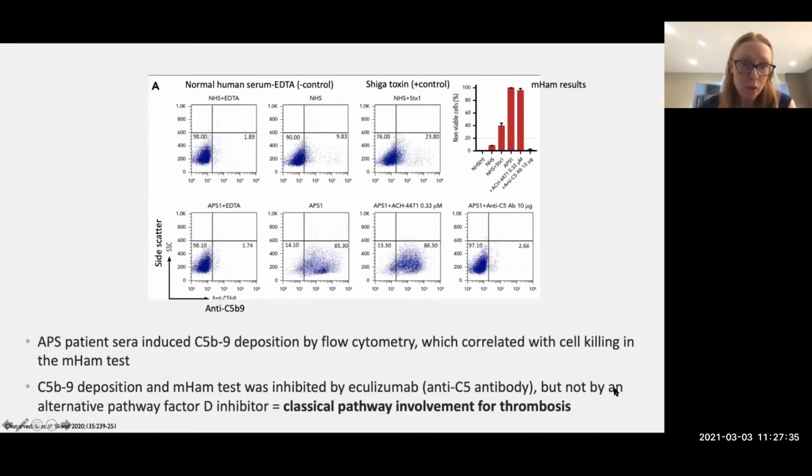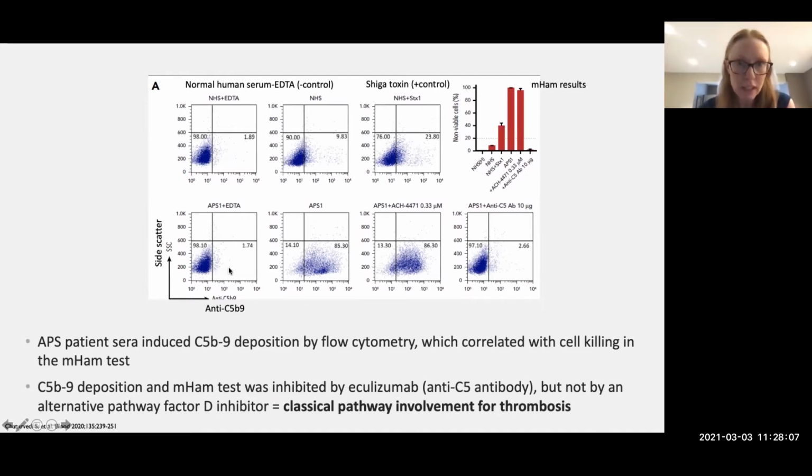And they also found that serum from APS patients induced C5b-9 deposition, detected by flow cytometry, which also correlated with cell killing with the modified Ham test. And this is just one example of a patient: the normal human serum with EDTA as a control, using a Shiga toxin for the positive control, and then the APS patient.